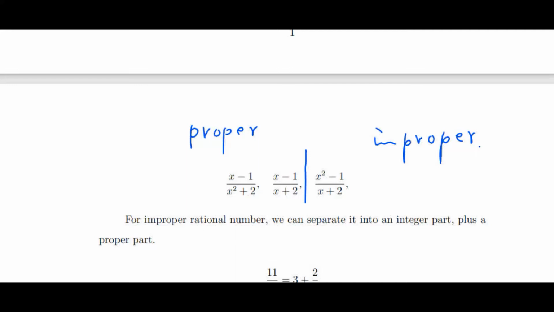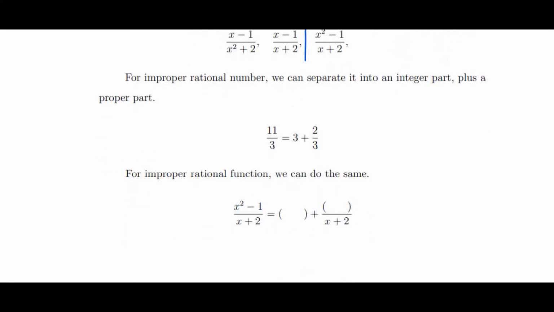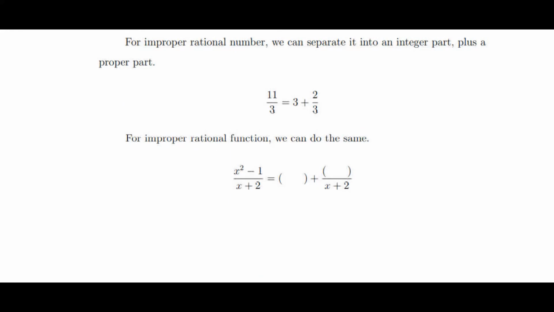So for improper rational number, we can do separation, right? Like 11 over 3, we can put this as 3, the integer part, plus a proper rational number. So for improper rational functions, we also can do that.